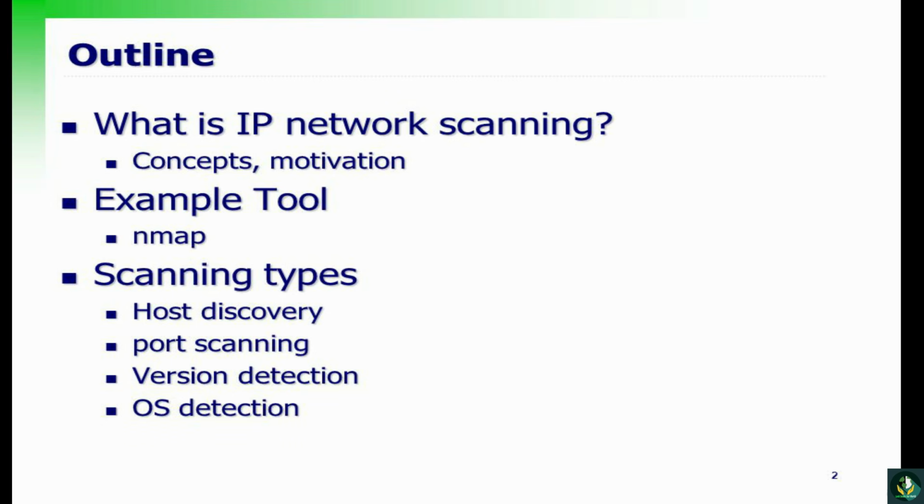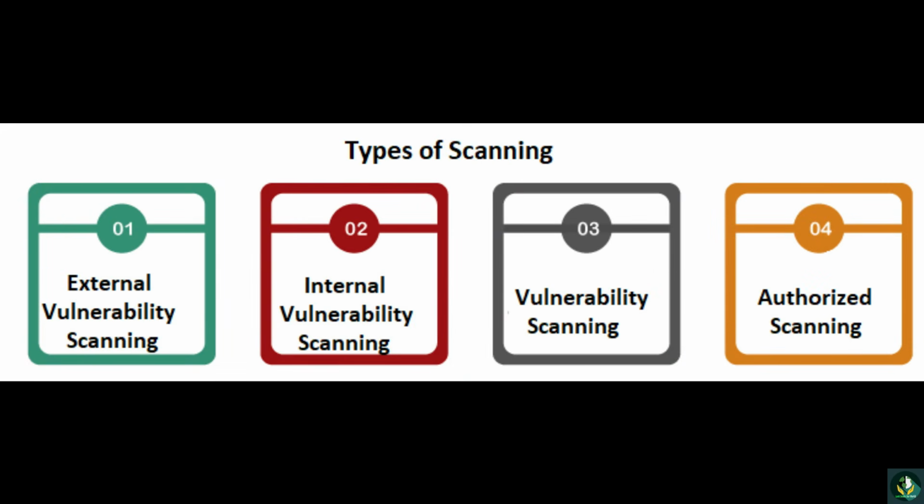So there are many types of scanning: external vulnerability scanning, internal vulnerability scanning, authorized scanning. What scanning you need depends on what your attacked or targeted website or targeted network is.